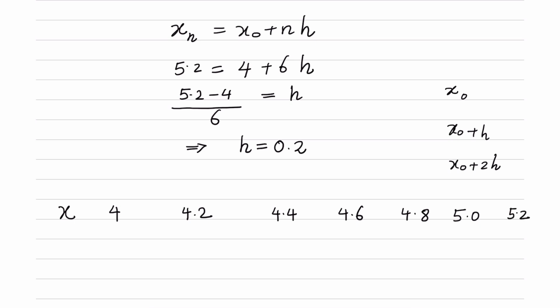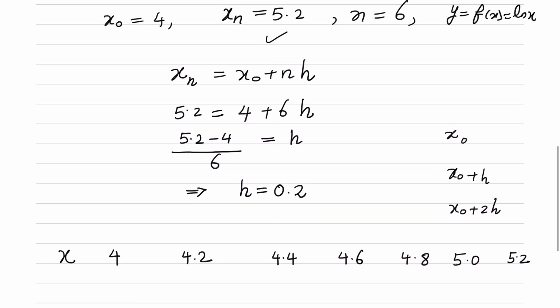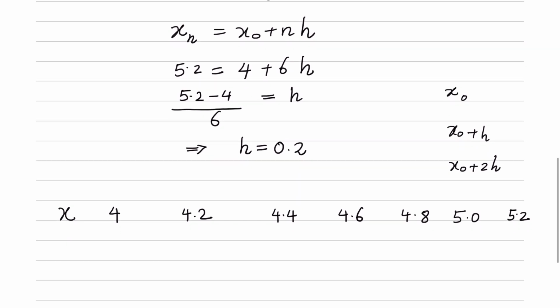Let's name the x values, and remember that the last x should be x6 because n here is 6. Let's see that: x0, x1, x2, x3, x4, x5 and x6, which is the last x.